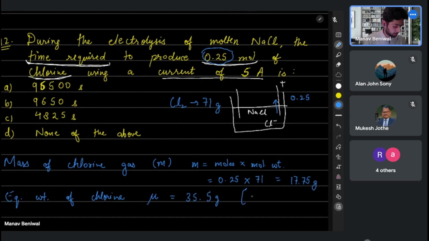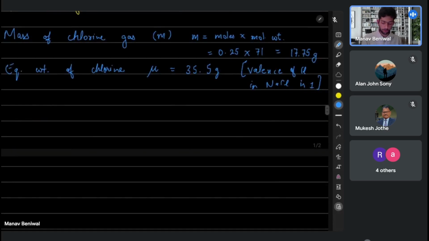Because the valency of Cl in NaCl is 1, correct? So the equivalent weight of chlorine will be 35.5 grams. And now we know everything, right?